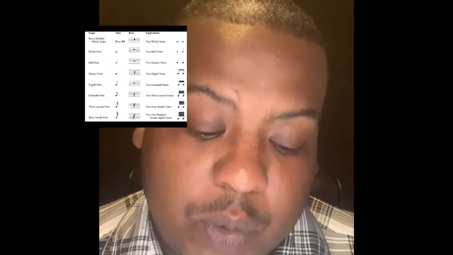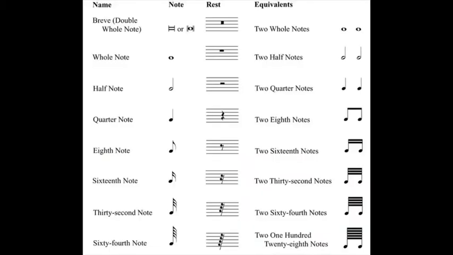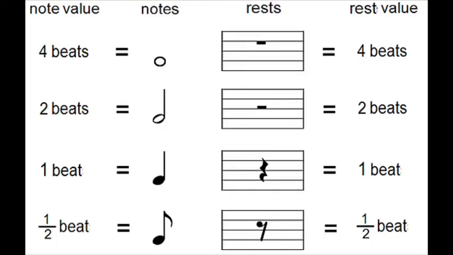There are also, of course, dotted notes, and there's the eighth note, the 16th note, even as fast as a 32nd note. And these are just going to determine your different tempos. So your quarter note is going to be equal to 1 beat. Your half note is going to be 2 beats.